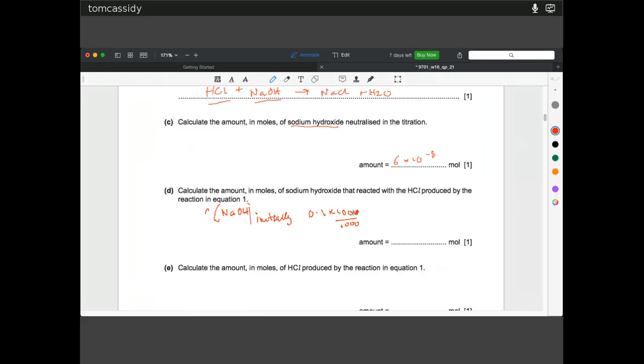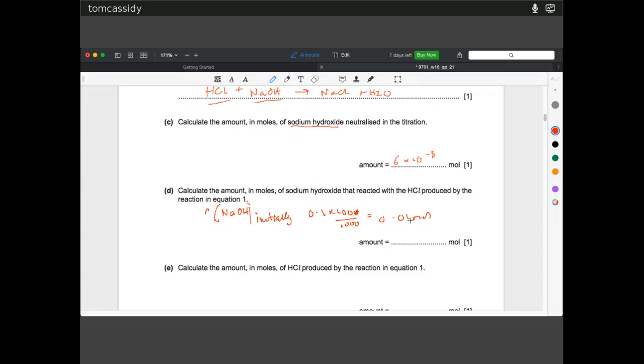Again, we're converting a volume in centimeters cubed to a volume in decimeters cubed. So we had that many moles of sodium hydroxide initially. And then we had that many moles left over. So if we started with that, and we had that amount left over at the end, then the amount that reacted was the difference between those two.